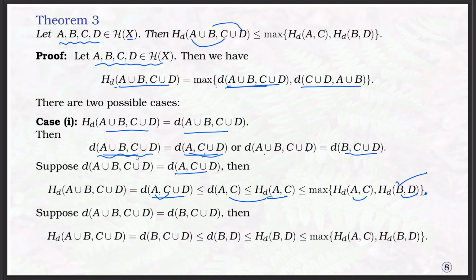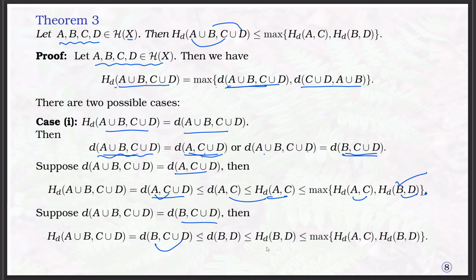Suppose this distance equals this one, the distance between A union B and C union D equals this quantity, then the Hausdorff distance can be written like this, and this is less than or equal to B and D. Because the distance between B and D, if you are removing this union set, is obviously larger than this one.